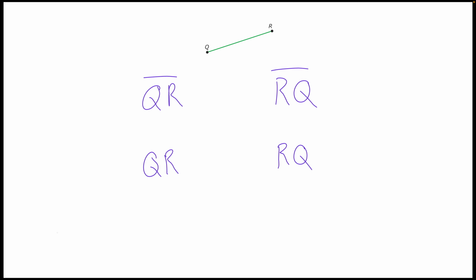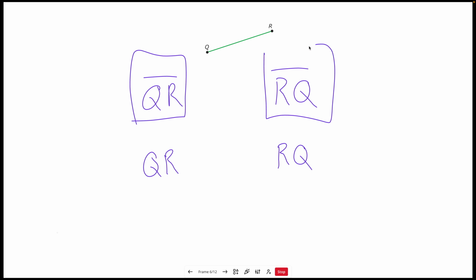So the correct answer, QR is correct. RQ is also correct. However, generally when you're naming these geometric shapes, you go in alphabetical order. So alphabetical order would be QR, all right? And you put the line segment above your letters. These are both incorrect.